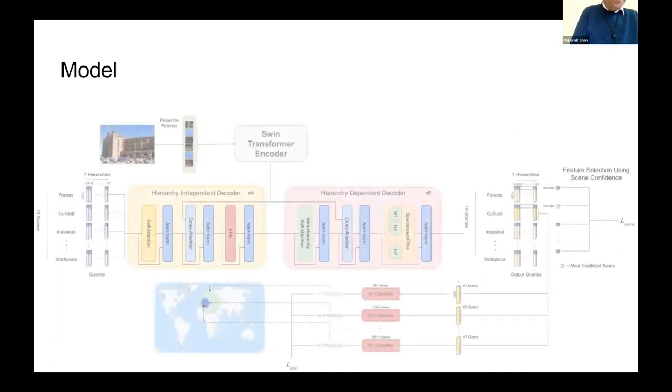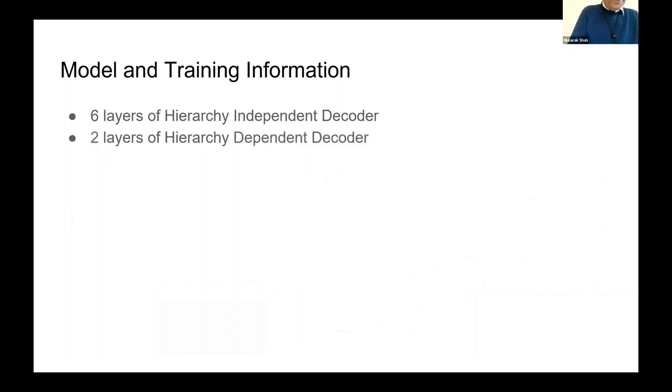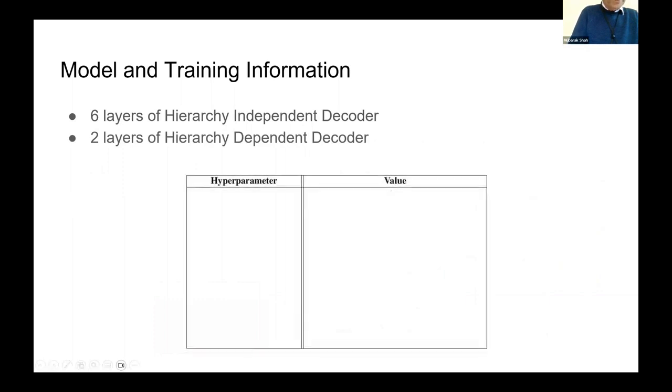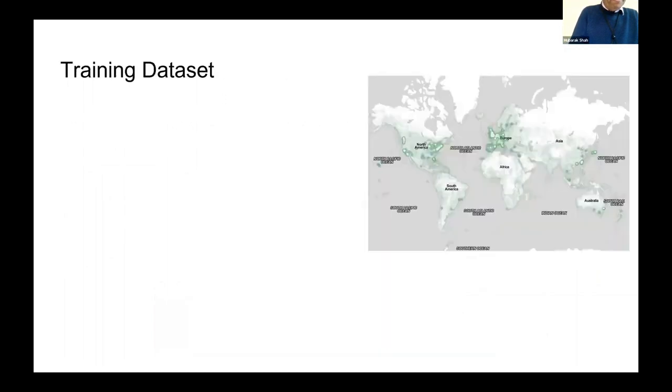So that's it, that's the model. Now we train it using a 6-layer hierarchy independent decoder and 2 layers of hierarchy dependent decoder, and these are all the hyperparameters. I'm going to skip that.